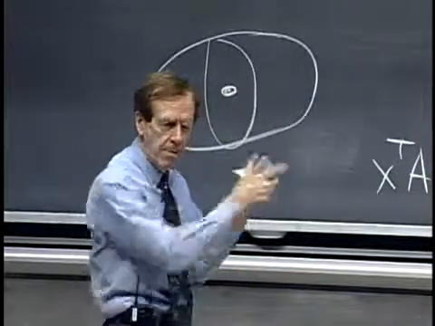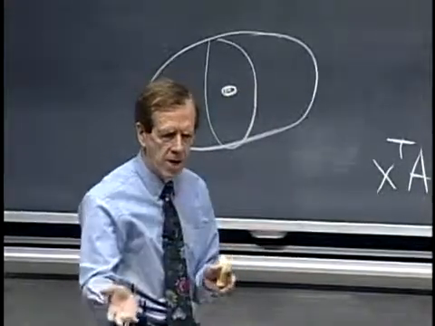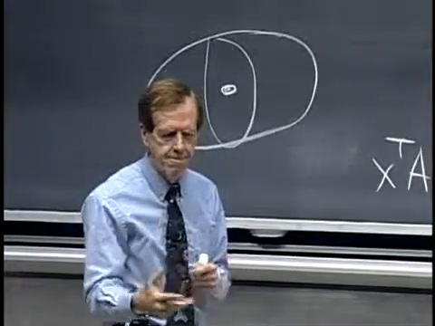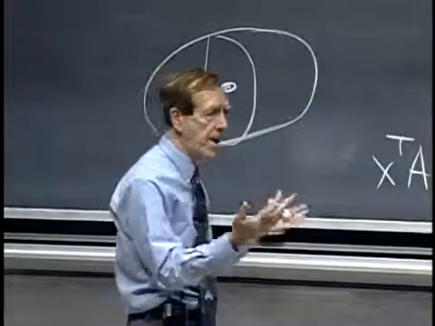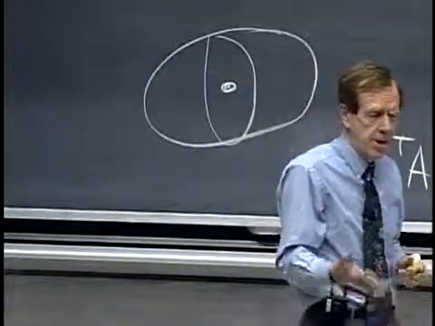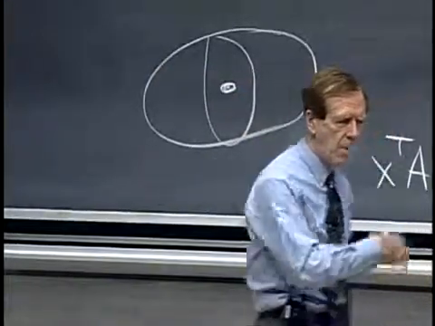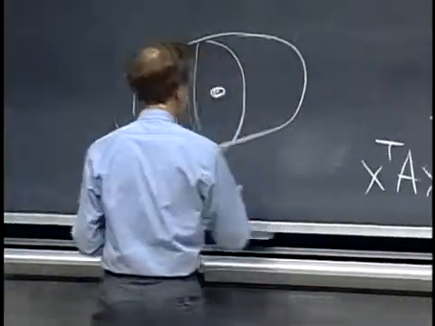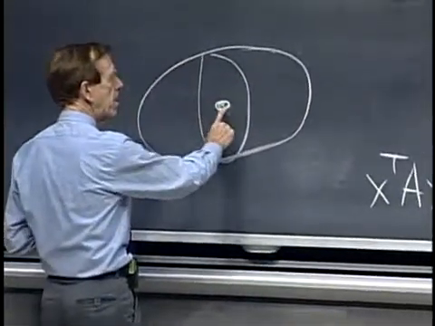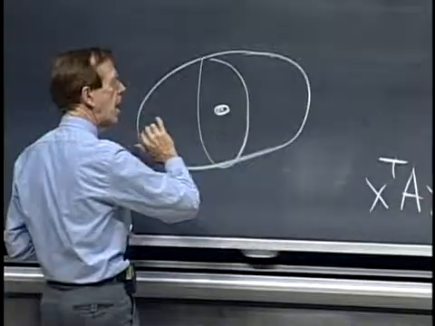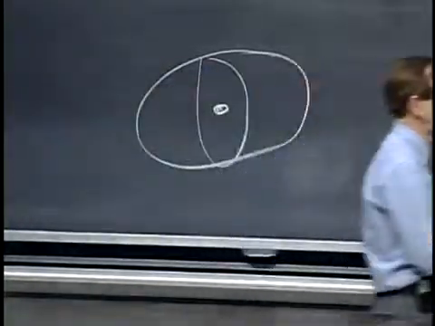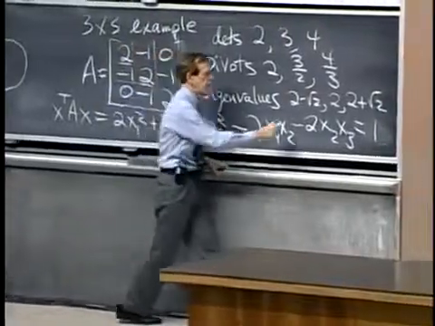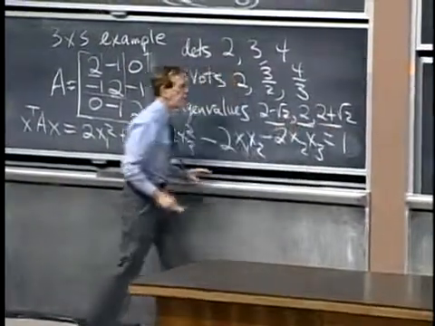That would be like having a matrix that had 1 eigenvalue repeated, and then 1 other different. So the sphere comes from like the identity matrix, all eigenvalues the same. A rugby ball comes from a case where 2 of the 3 eigenvalues are the same. But we now have a case, the typical case, where the 3 eigenvalues are all different.